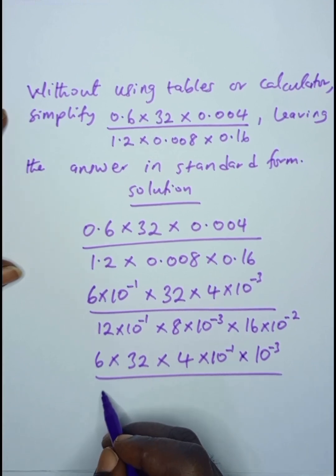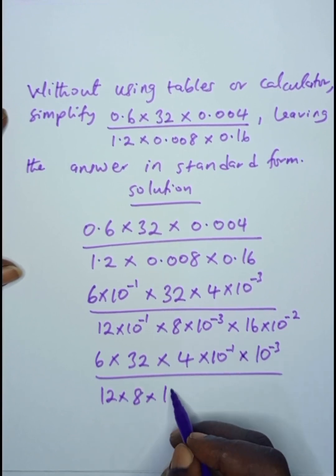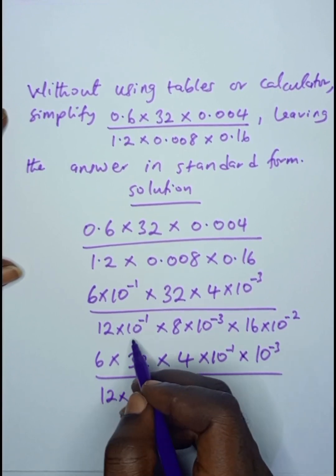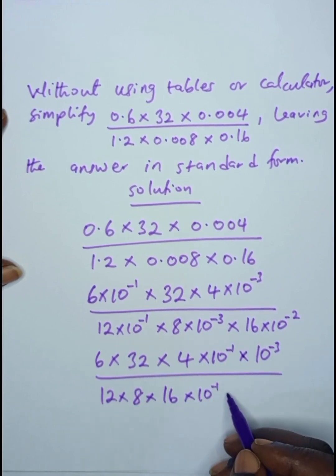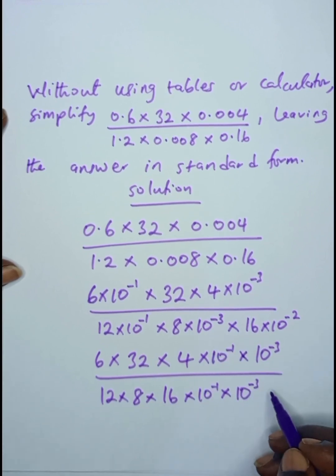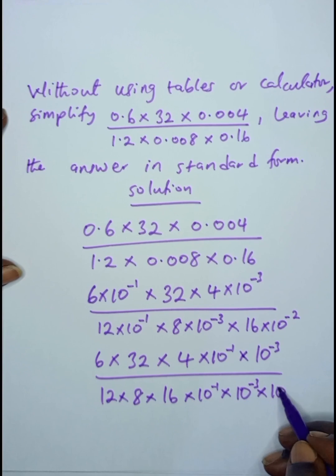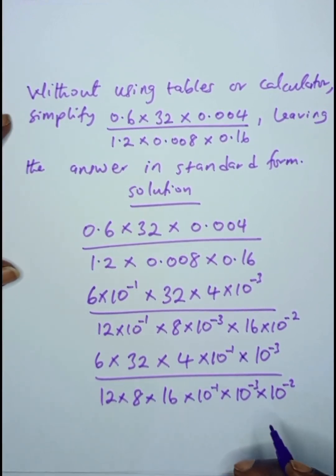All over, we have 12 times 8 times 16 times, I'm now bringing the 10, so 10 raised to the power minus 1 times 10 raised to the power minus 3 times 10 raised to the power minus 2. I did this so that the cancellation will be easy for me.